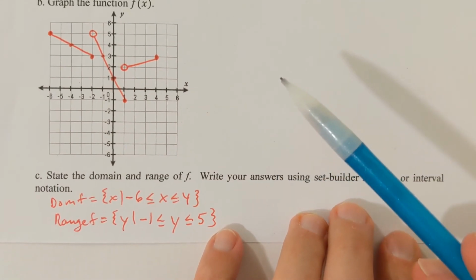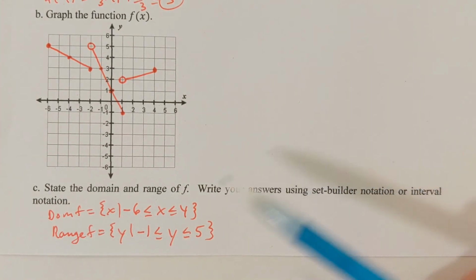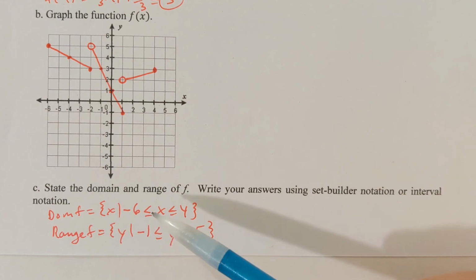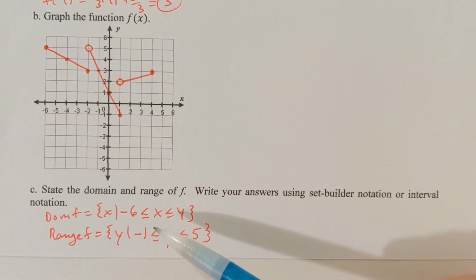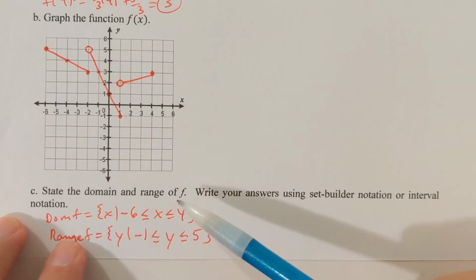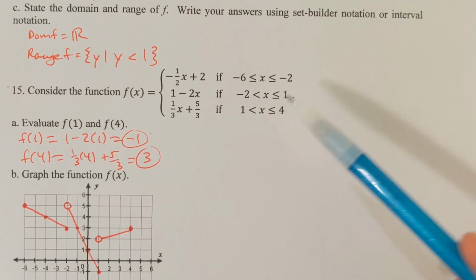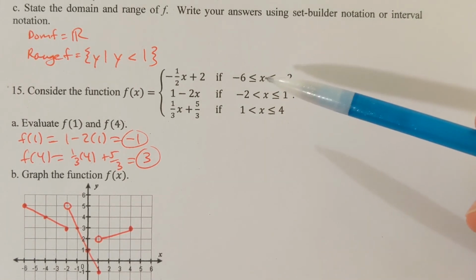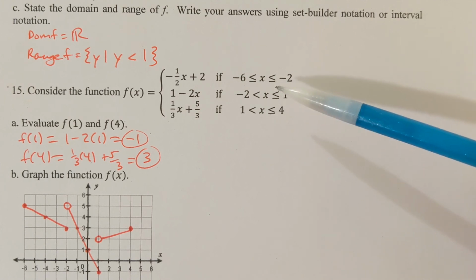Okay, state the domain of f and the range of f. Write your answers using set builder notation or interval notation. Let's see here. So the domain is anything greater than or equal to negative 6 and less than or equal to 4. I can very easily get that by how the pieces are defined.